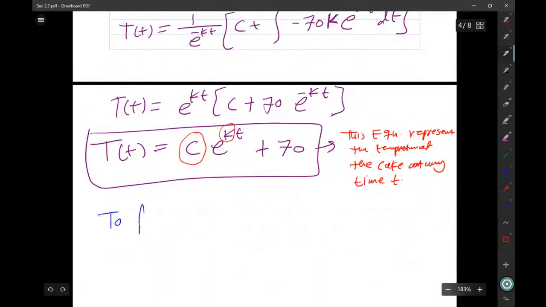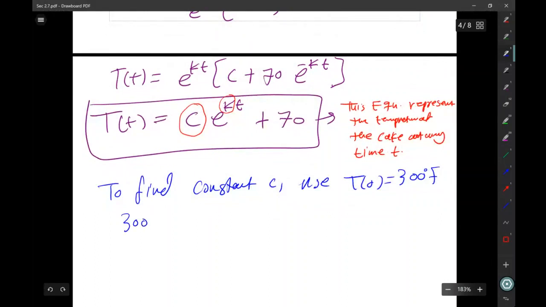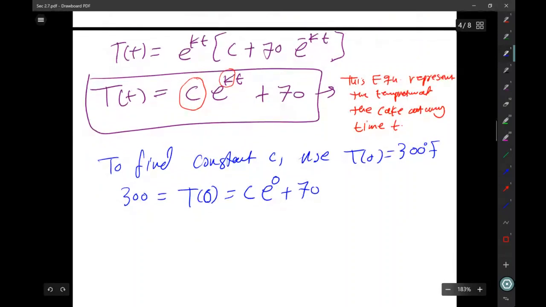To find the constant c, use T of 0 is equal to 300 Fahrenheit degrees. So that means 300 is equal to T of 0, which is c e to the power 0 plus 70. So 300 is equal to c plus 70, which means c is equal to 230.